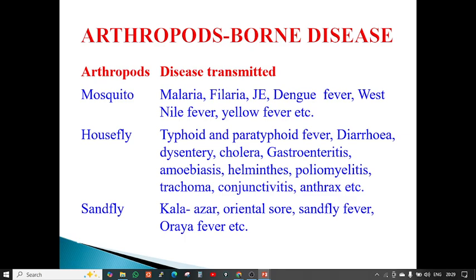So in order to control the diseases, we have to control these arthropods: mosquito, housefly, sandfly, kala azar, oriental sore, sandfly fever, all these. They cause different categories of health impact, so we have to control them.